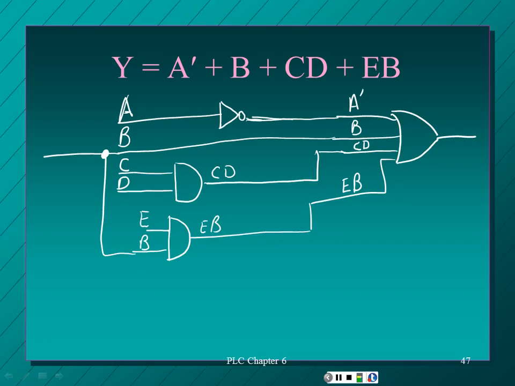So I have back to my 5 variables: A, B, C, D, E. Just B's in there twice. Alright, questions?